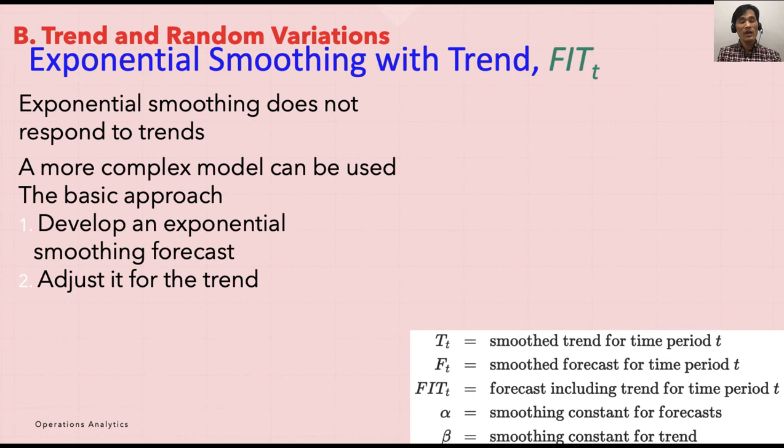An extension of the exponential smoothing model that will explicitly adjust for trend is called the exponential smoothing with trend model. The idea is to develop an exponential smoothing forecast and then adjust this for trend. Two smoothing constants are used in this model, and both of these values must be between 0 and 1.